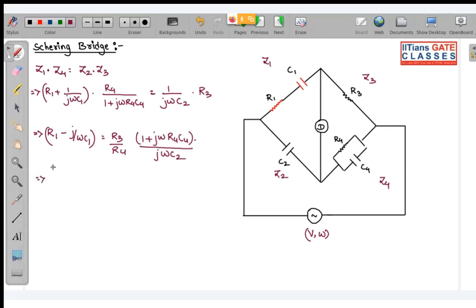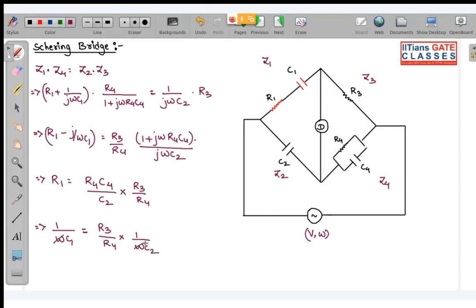So R1 will be equal to R4 C4 by C2 into R3 by R4, and from here 1 by omega C1 is equal to R3 by R4 into 1 by omega C2.